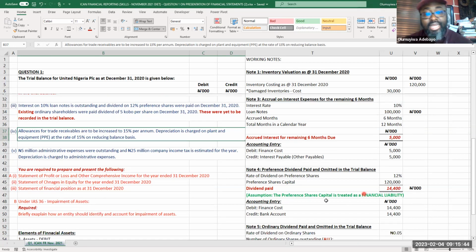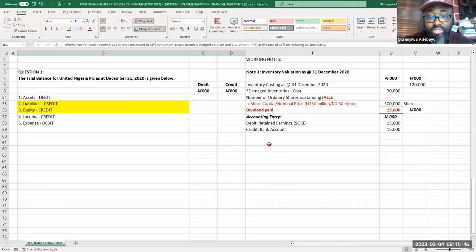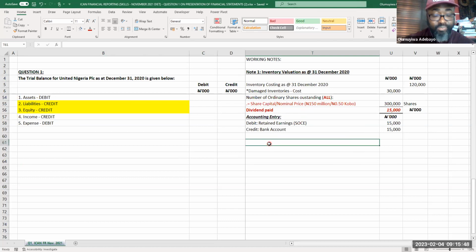Okay. Now, the question is this. Note 6. Allowance for credit losses on trade receivables.